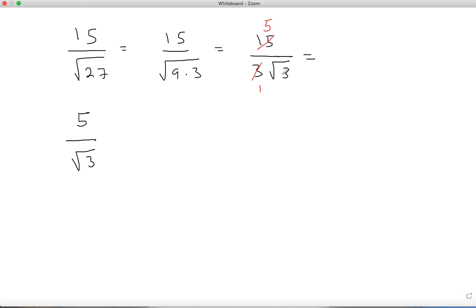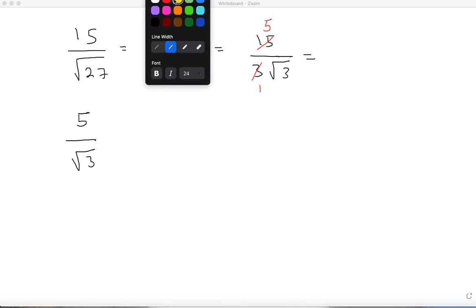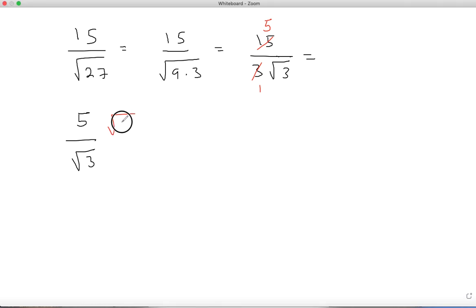So 5 survived up top and just root 3 down below. So I still have a radical in the denominator, so I'm not done, but I've got it simplified down a bit at least. And now let's do our root 3 over root 3. So up top I'm going to have 5 root 3, and then down below root 3 times root 3 will make root 9, which then makes 3.